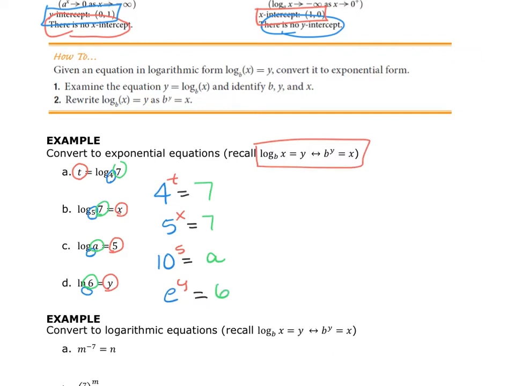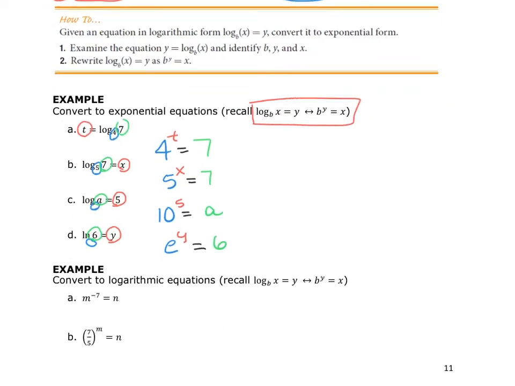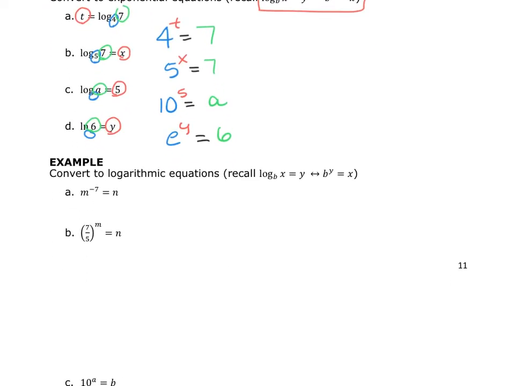Now that we've gone from log to exponential, let's go from exponential to log. This is my base, this is my exponent, and this is my answer. So it becomes the log base m of n is equal to -7.